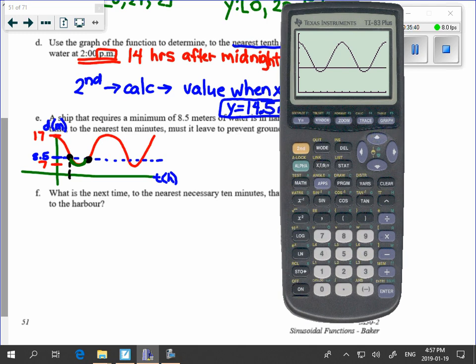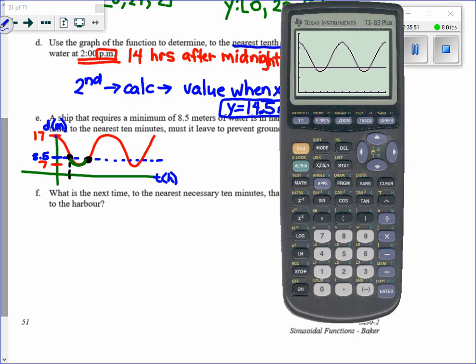So the waves are at a high enough level above 8.5 meters for this whole first part of our graph, right? But at this point they're only 8.5 meters because the tide is going out. At that point, that's where that ship would be grounded. We need to figure out that intersection point where those two graphs intersect.